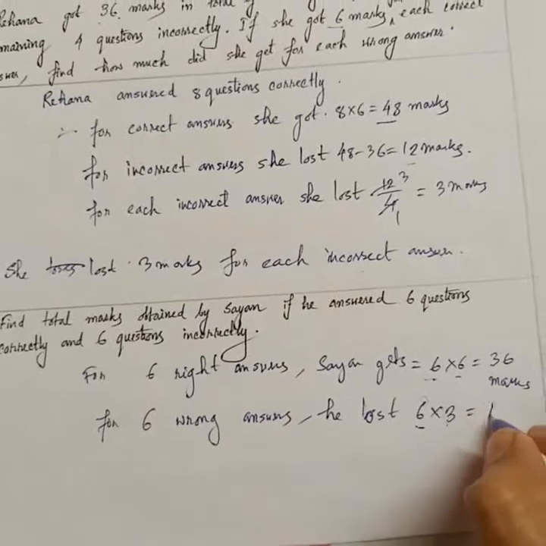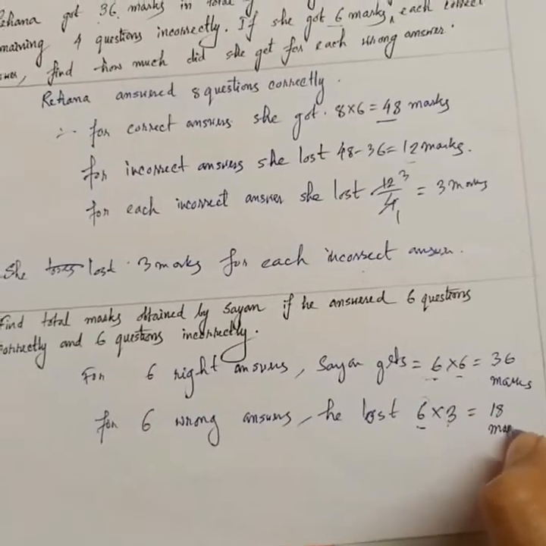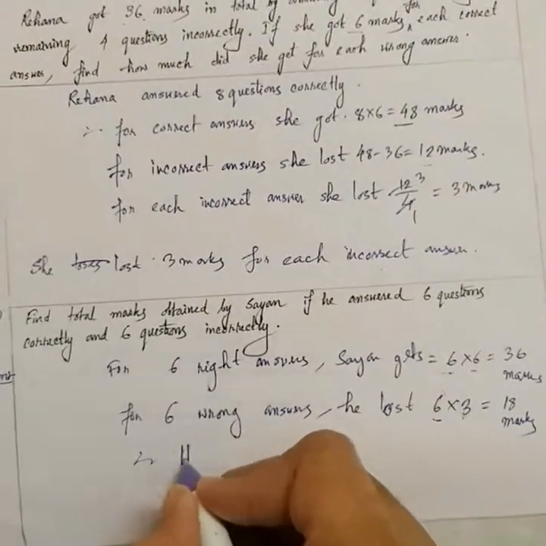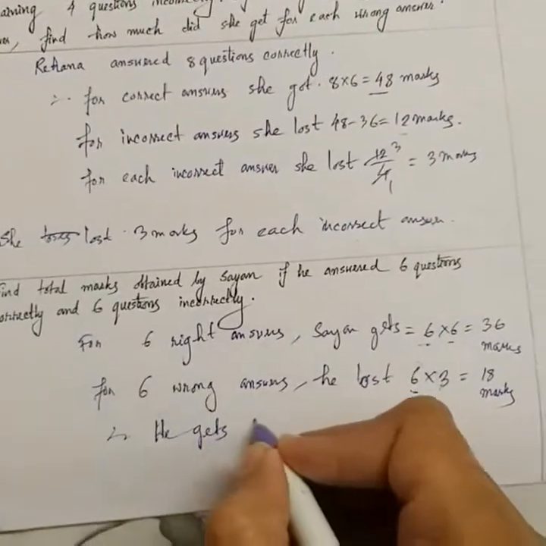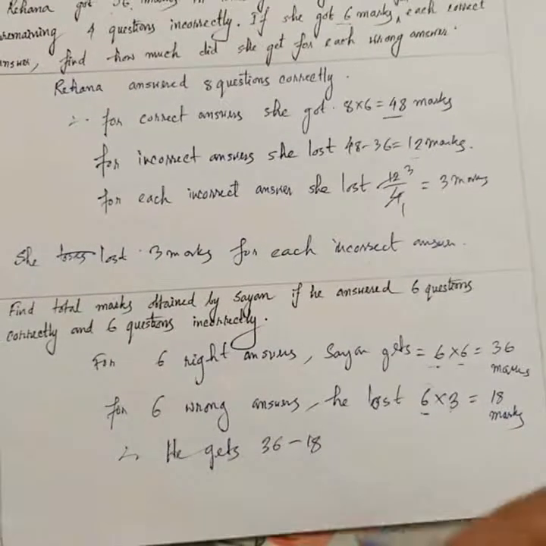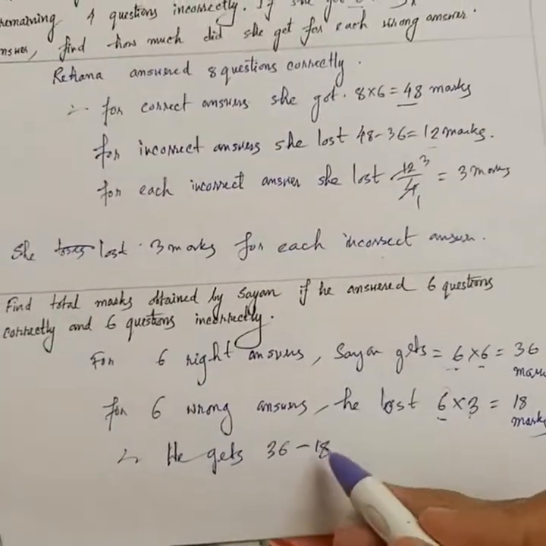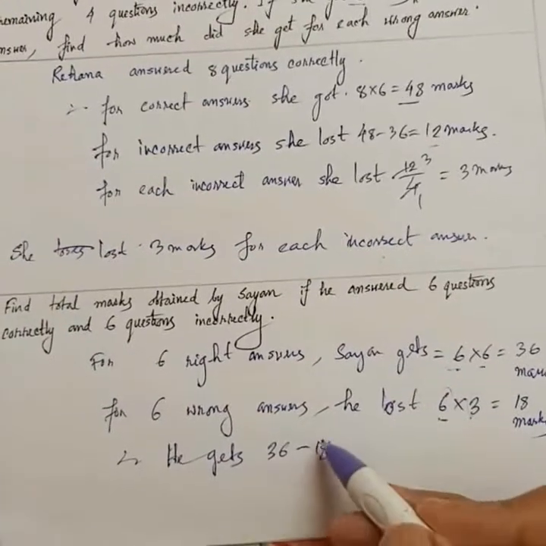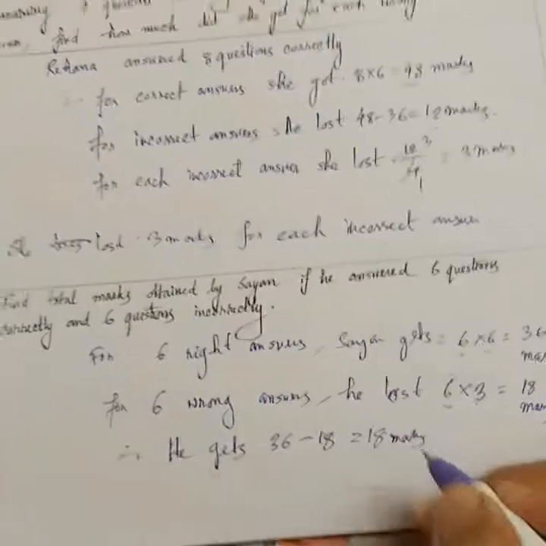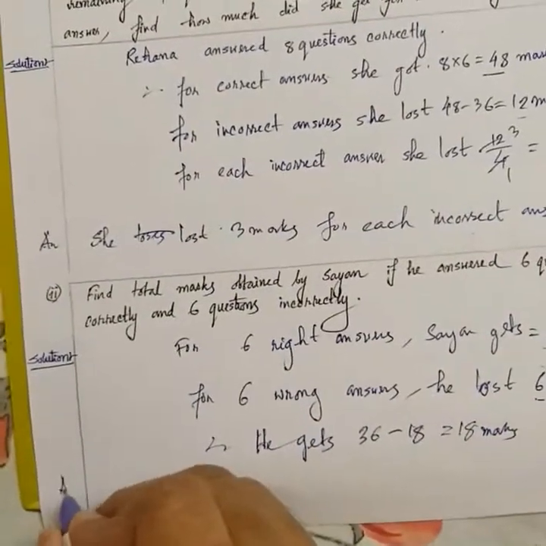That's why he is losing 18 marks. So therefore he gets 36 minus 18. Why am I subtracting this number? Because for answering these questions wrong, he is losing these marks. So that's why he is getting 18 marks.